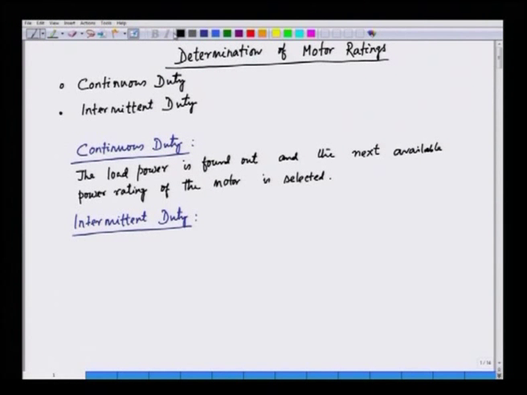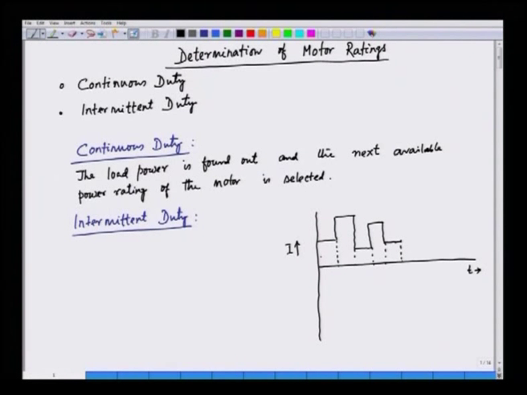So, we have intermittent duty, so let us assume that the load is changing as follows. Let us say we have the time on the x axis, and let us say we have the current of the motor. The motor is drawing the current in the following fashion. It is not constant, but it is changing, and the corresponding durations are known.